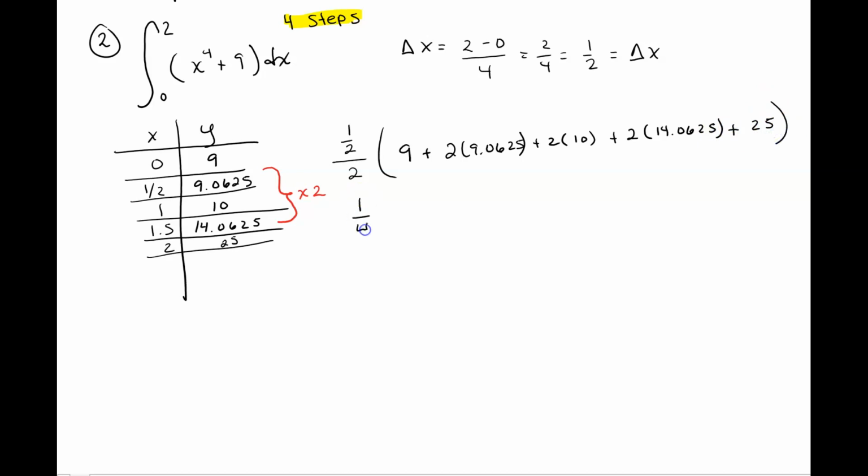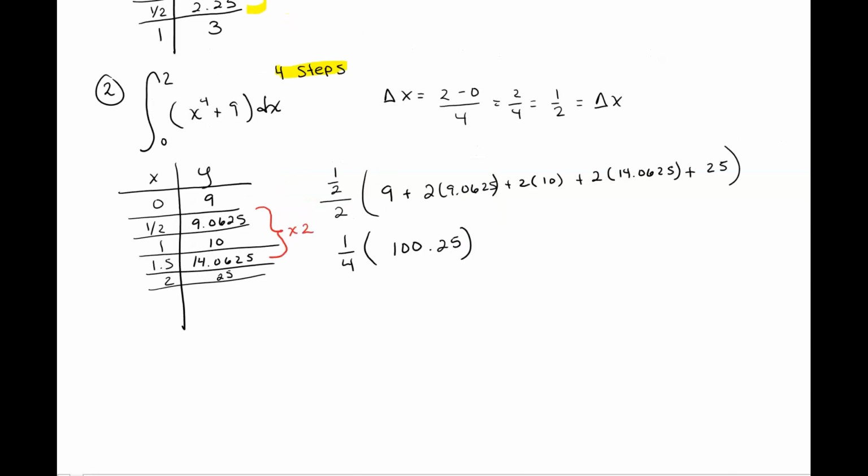We have 1/4 basically, and we are going to multiply that by the sum of all of this. So I'm going to tell you that the sum here is going to be 100.25. So I end up with 100.25 over 4, and I'm going to multiply this by 4 over 4, because that will clear my decimal in the top.